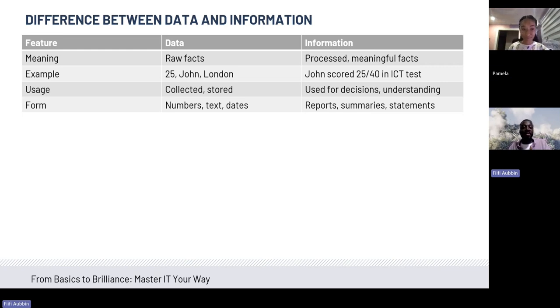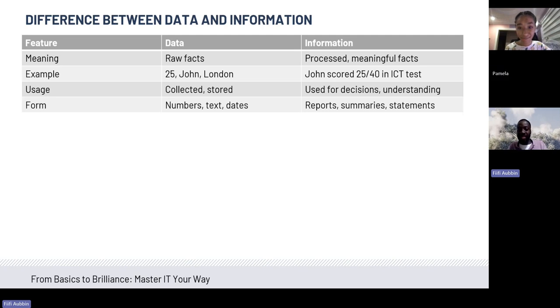So I've got three columns: feature, data, and information. The meaning of data is what we term as raw fact, and information is processed or meaningful fact. We've got an example, 25 John London. What does it mean? Probably John scored 25 out of 40 in ICT test, and he was born in London.